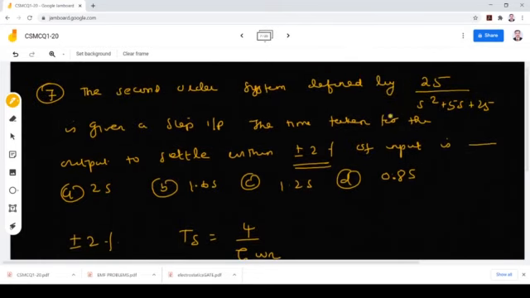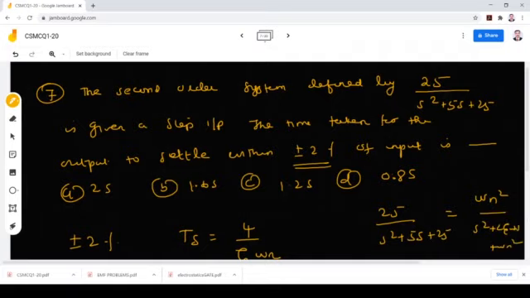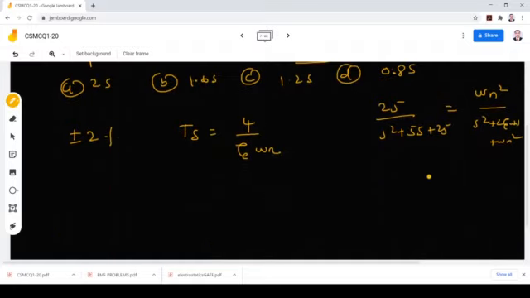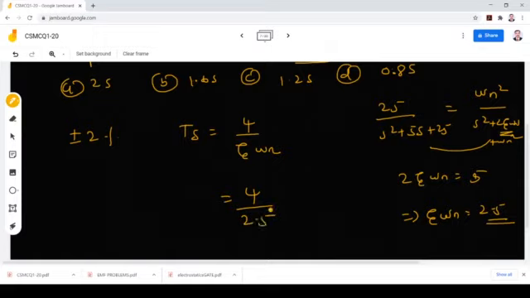Compare this with the general second order system equation: s squared plus 5s plus 25 is equal to s squared plus 2 zeta omega n s plus omega n square. So if you compare, 2 zeta omega n is equal to 5. So this implies zeta omega n is equal to 2.5. That's what I want. So 4 divided by 2.5 is 1.6 second. That's the answer. Option B is the right answer.